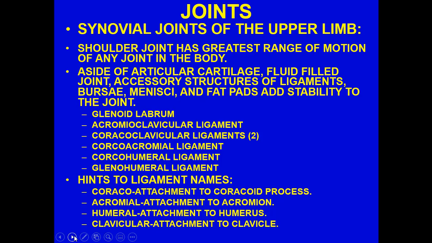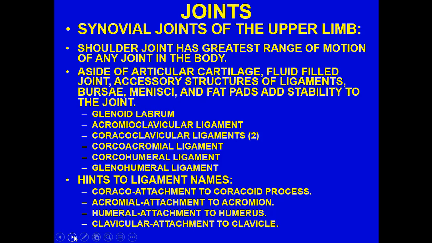Now, let's go over some other synovial joints in the upper limb for a minute. The shoulder joint has the greatest range of motion of any joint in the body. It has articular cartilage and a fluid-filled joint, and accessory structures of ligaments, bursa, menisci, and fat pads all add stability to the joint.